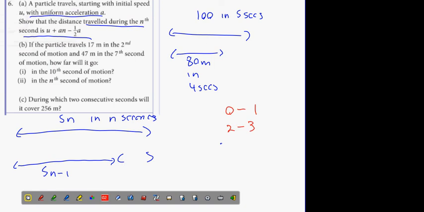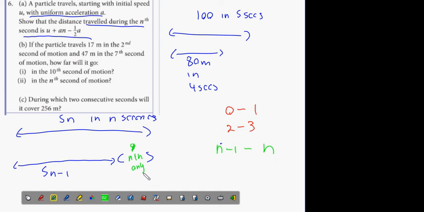Okay. 0 to 1 is the 1st second, 2 to 3 is the 3rd second, therefore n minus 1 to n is the nth second. So if I get the difference of S of n minus 1 and Sn, I find the distance travelled in the nth second only.